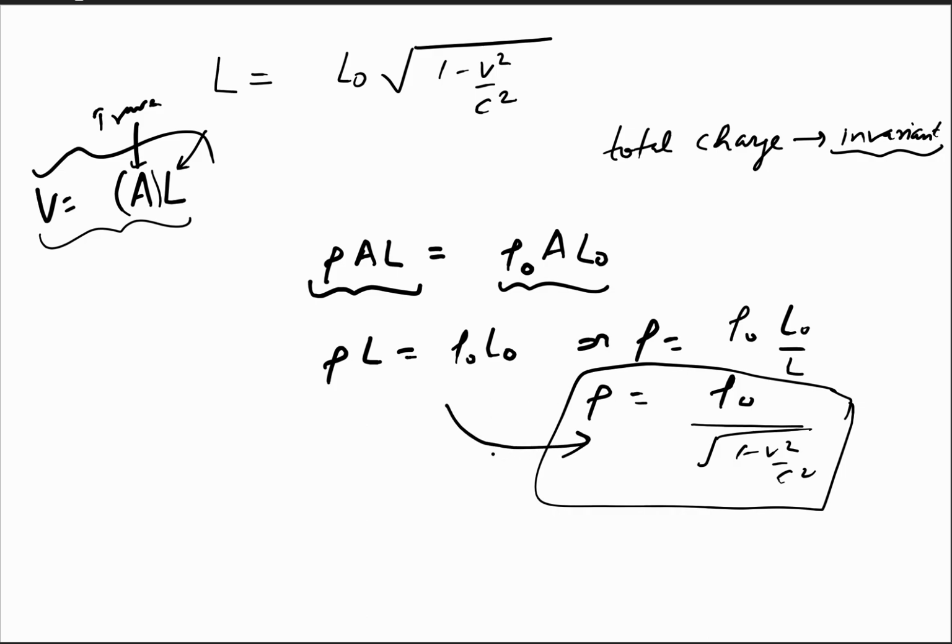Okay, so you see that in our moving frame, let us again draw the figure in the next slide. So in our moving frame, the scenario is like this. That is, this conductor is appearing to be moving in this direction v, and the charge is stationary.